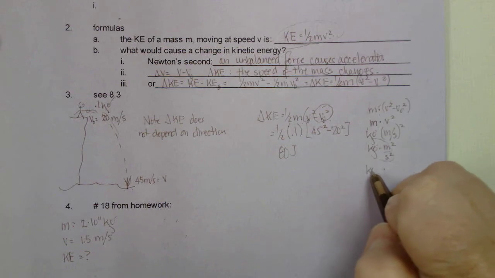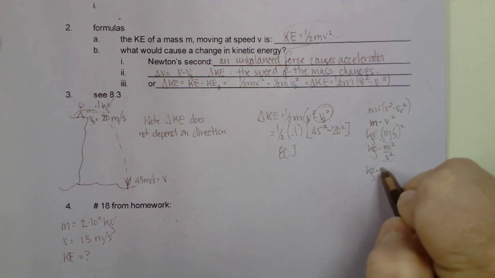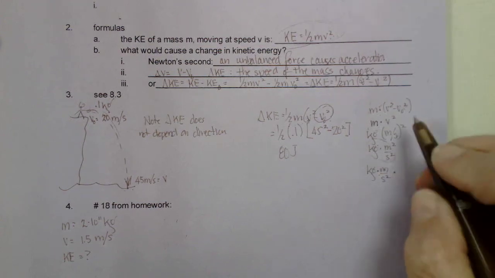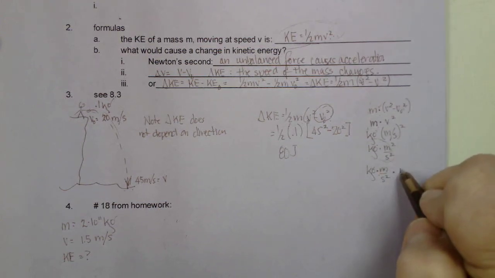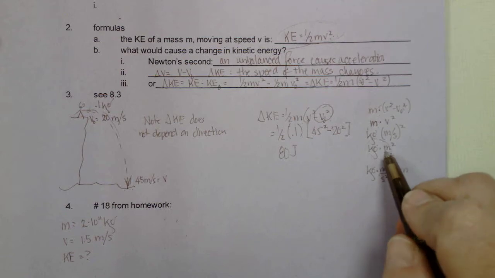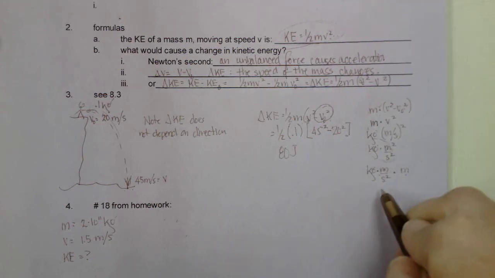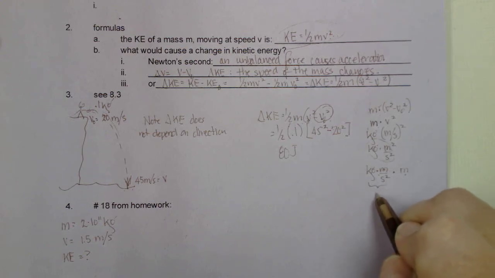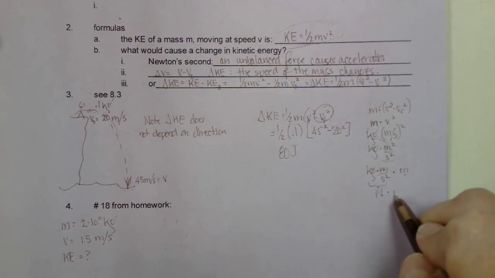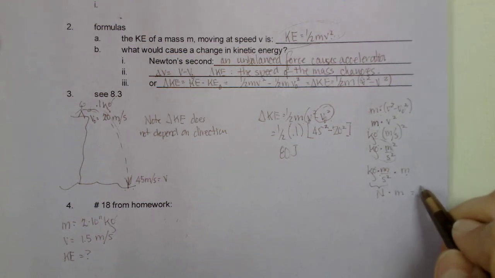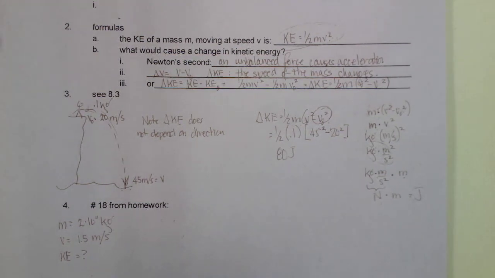If I pull that out, kilogram times meter per second squared is actually a Newton. And when I pull it out, I'm left with a meter. When I pull a meter out of my meter squared, I still have 1 meter left. So this whole thing becomes a Newton times a meter. Oh yeah, that's the definition of a joule. So legitimately, my answer comes out in joules.